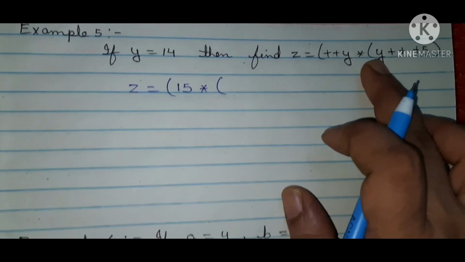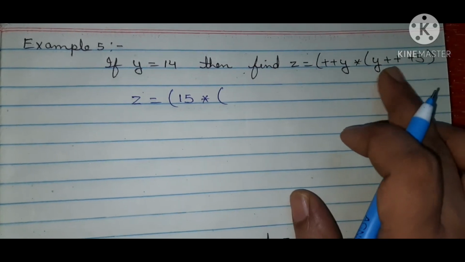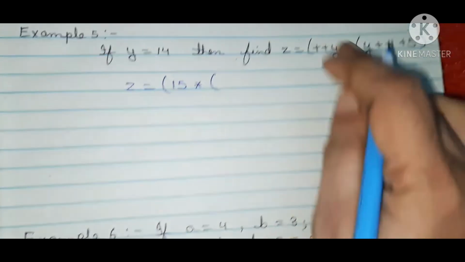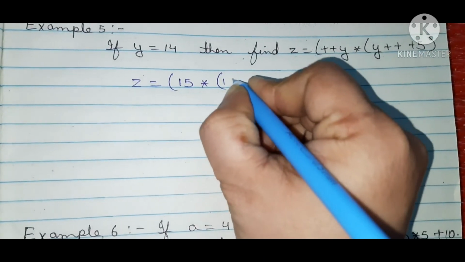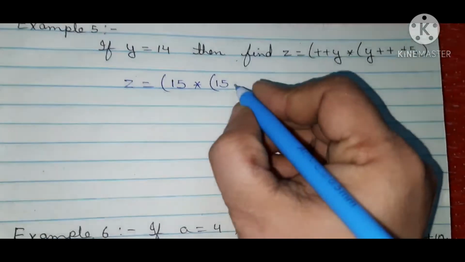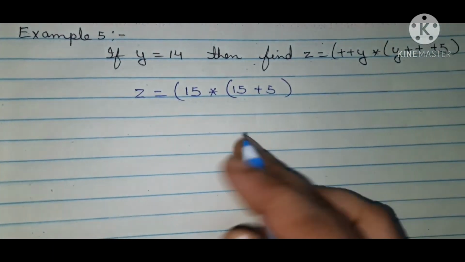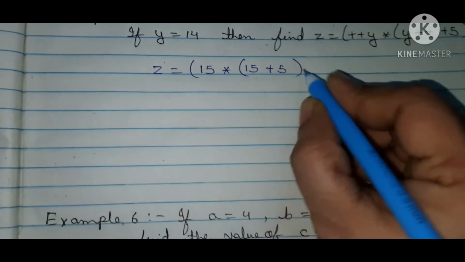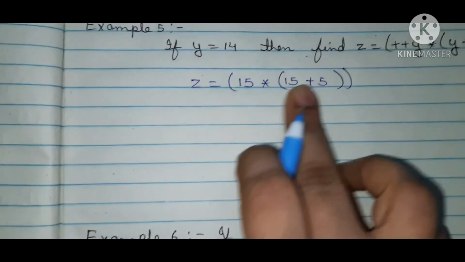So here also it will become 15, because first we'll write and then increase. So we'll write first the value, because here my value of y became 15. So that same value will be 15. Then it has increased to 16, but of no use, plus 5. So here first we'll complete the bracket.